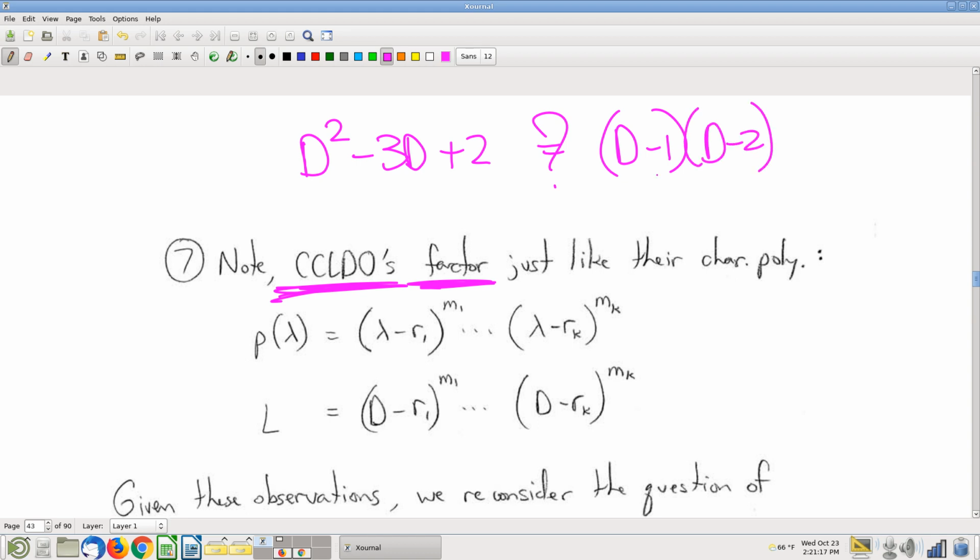Well, the thing is, this would clearly give me d squared minus 1d, and then minus d2. Gotta be careful, right? The d is on the left, the 2 is on the right. Thus, I get d2, not 2d, initially. And then, let's see here, plus 2.